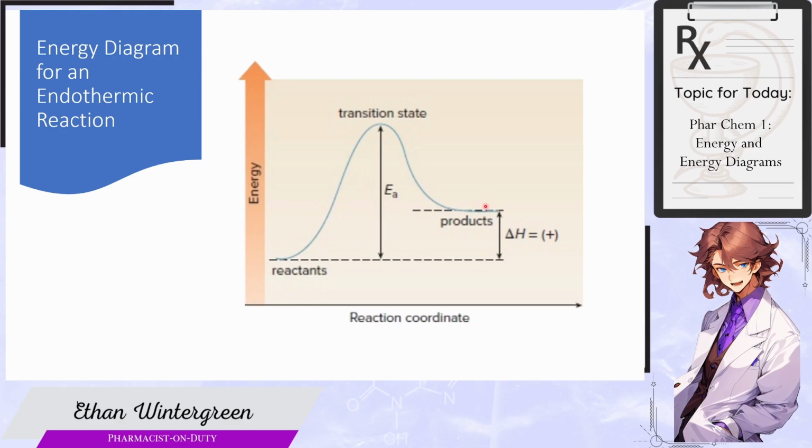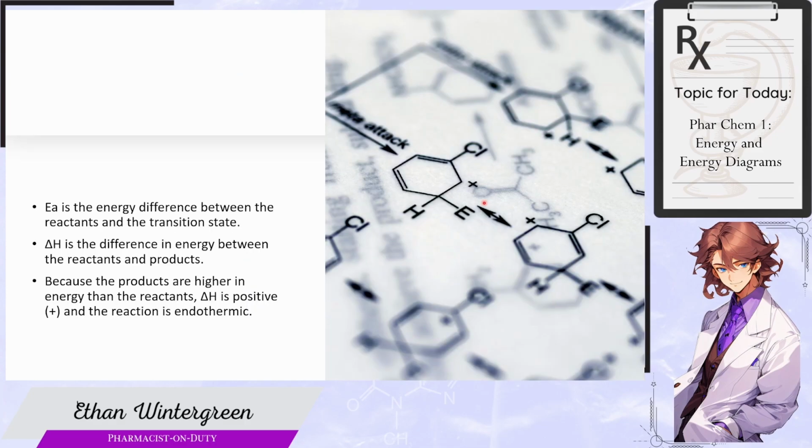And this is an endothermic reaction. Okay? So EA is the energy difference between the reactants and transition state. Delta H, or your enthalpy, is the difference in energy between the reactants and products. Because the products are higher in energy than the reactants, enthalpy is positive and the reaction is endothermic.